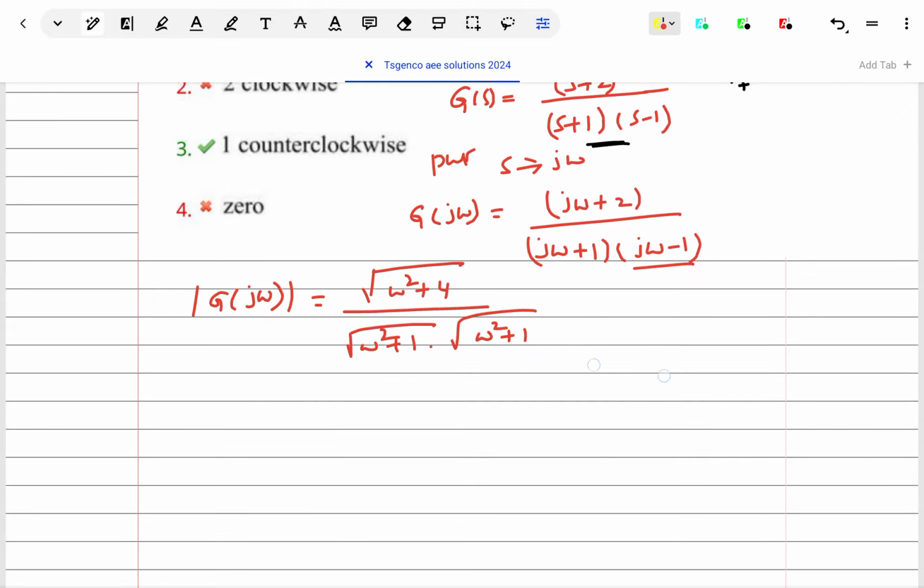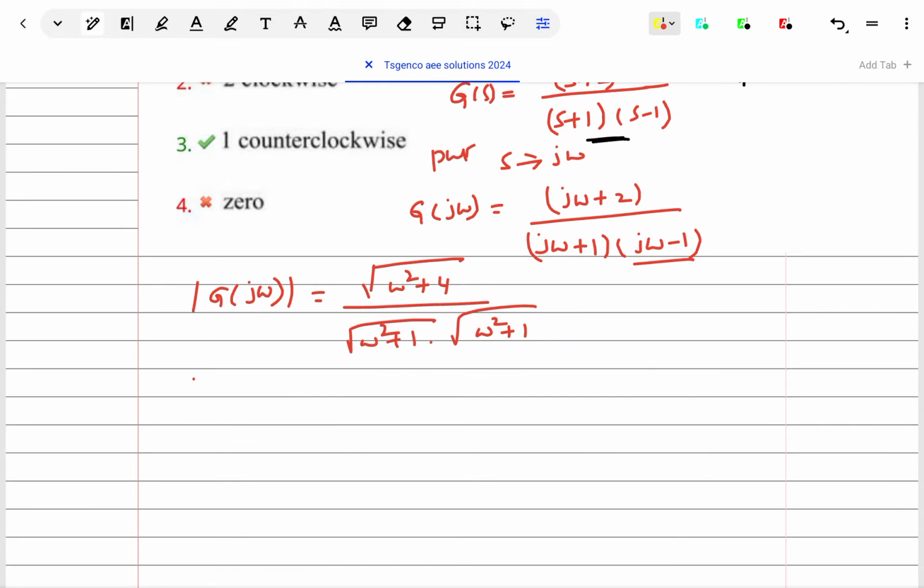And what about the phase angle? The angle of G(jω) is tan⁻¹(ω/2) - tan⁻¹(ω) - (π - tan⁻¹(ω)).